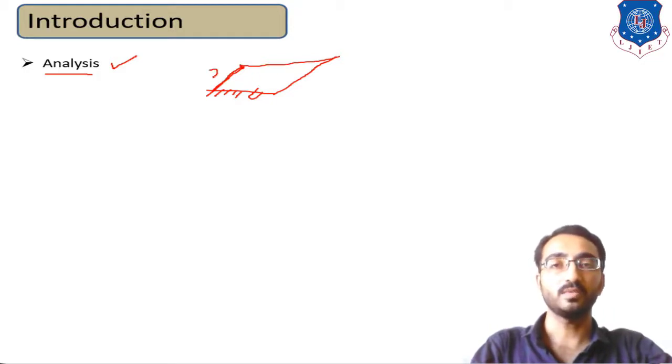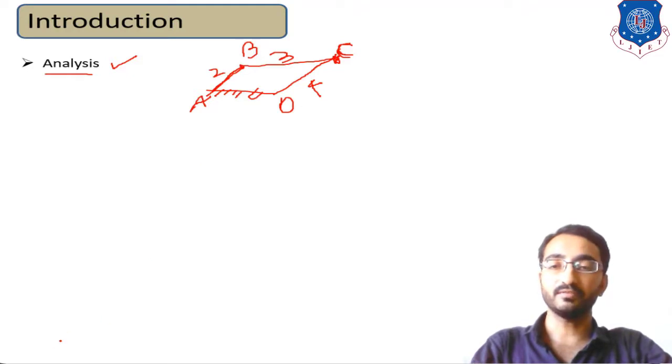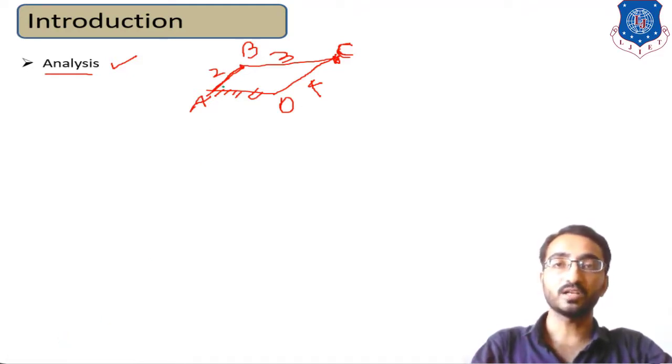Now in this mechanism, consider points A, B, C and D. If you want to calculate the position of point C at various positions of the crank, for example after a 20-degree rotation of the crank, what will be the position of point C?